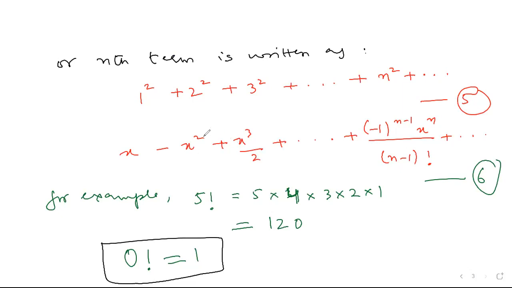So you can see in 5, it is easy to see without the general term that each term is just the square of the number of the term, that is n square.